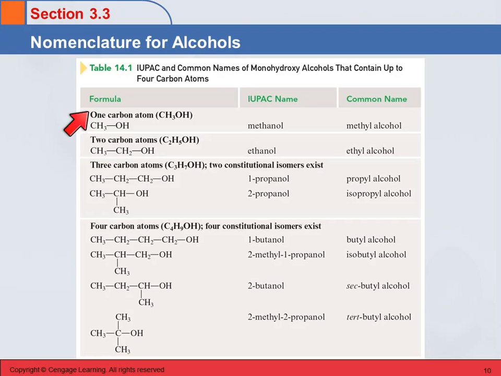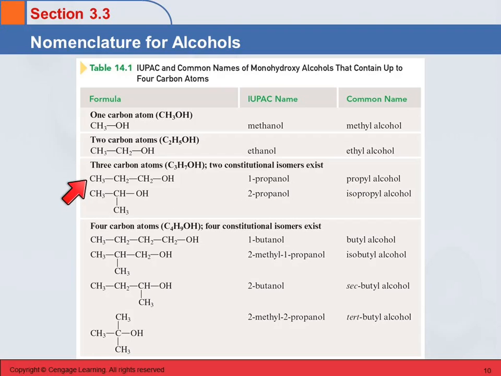For the 1 carbon atom, there are no isomers. So the IUPAC name is methanol. Because we look at the carbon chain, it's 1, that would be methane. We change the E to OL, we get methanol. The common name is methyl alcohol. 2 carbons, this 2 carbon chain is ethane. So we change the ending to OL, ethanol. And we've already looked at these common names.